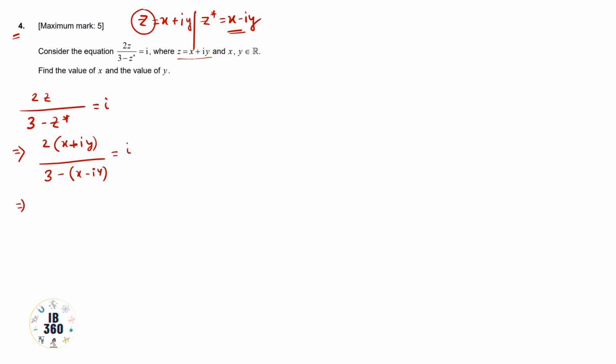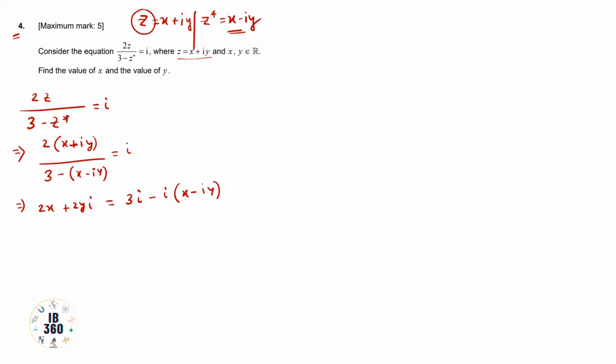Now we just have to cross multiply, that is 2x plus 2yi equals 3i minus i(x minus iy).